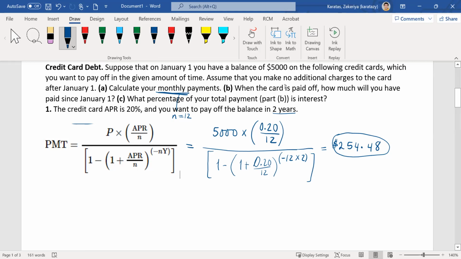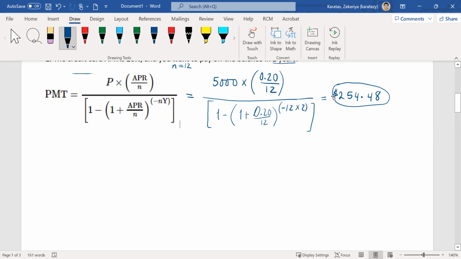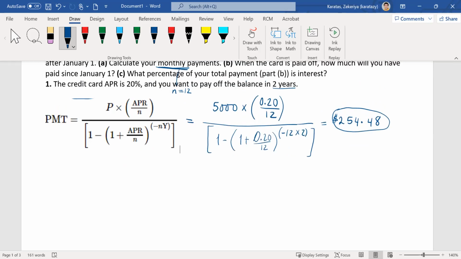All right. Next, it says, can you calculate the actual total amount that you paid? So the total amount that I paid here in this problem, I have $254.48 per month, times 12 months in a year, and then times I need to pay it for 2 years.